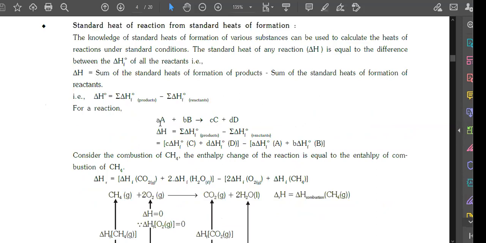Suppose I have A mole of compound A plus B mole of compound B, giving C mole of compound C and D mole of compound D. So according to my basic enthalpy theory, the net enthalpy of reaction is enthalpy of formation of products minus enthalpy of formation of reactants. Yes or no?